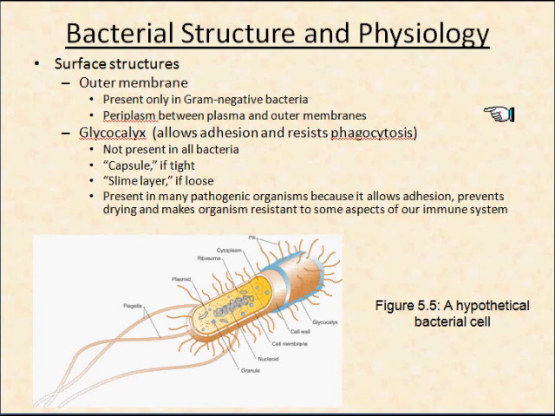Anyway, this is present in a lot of pathogenic microorganisms because it helps them stick to body parts. So this slime layer interferes with our immune system and makes it more likely to adhere to some part of our cells and allow it to have access.